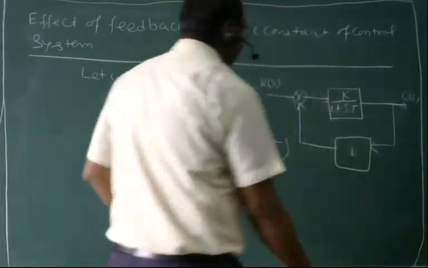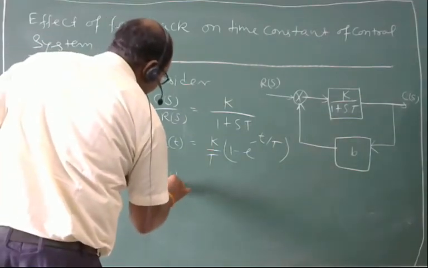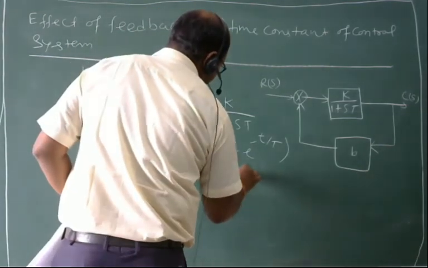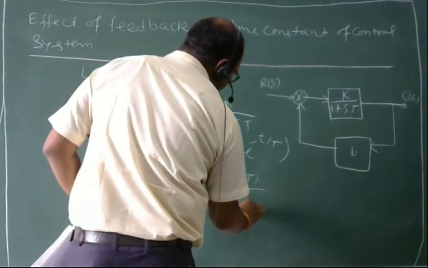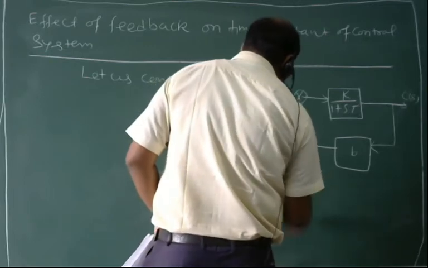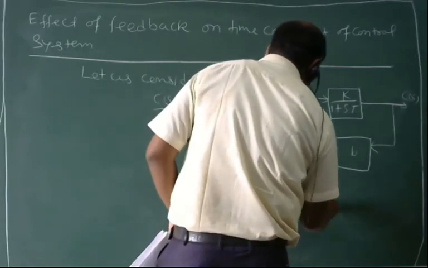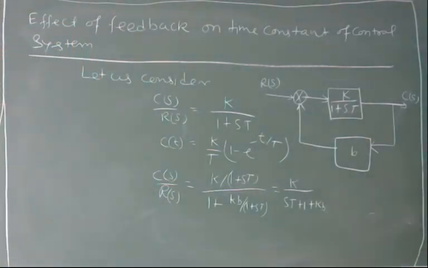In this case, we have C(s) over R(s) equal to K divided by 1 plus sT, divided by 1 plus KB divided by 1 plus sT, which is equal to K divided by 1 plus sT plus KB.